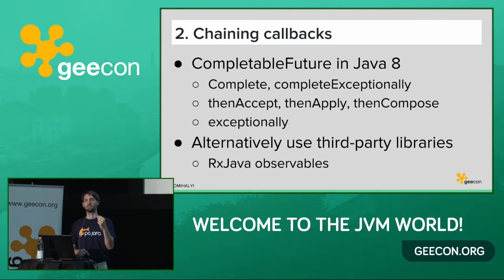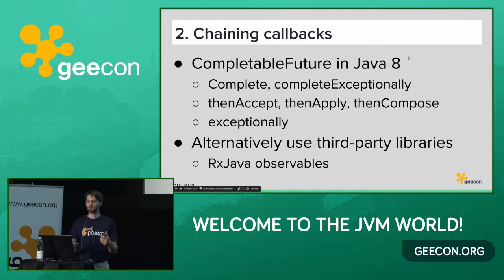And if it runs an additional asynchronous call, it needs to provide another callback. So there is chaining of callbacks, and with the normal approach, normal syntax, you would nest callbacks into callbacks into callbacks, and the code would look even much worse than what I showed you.